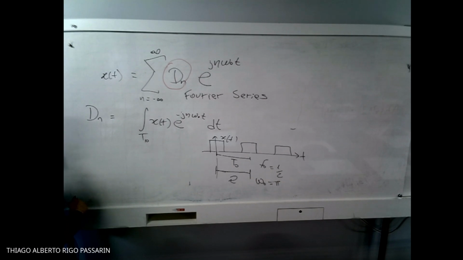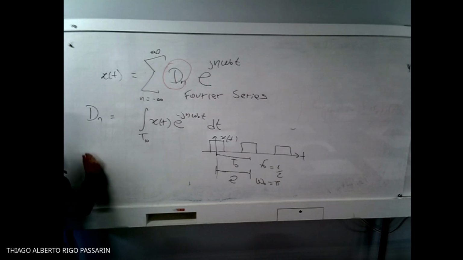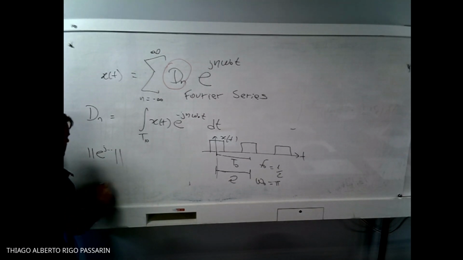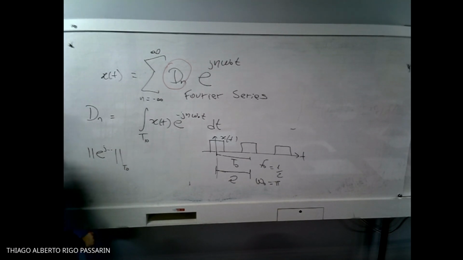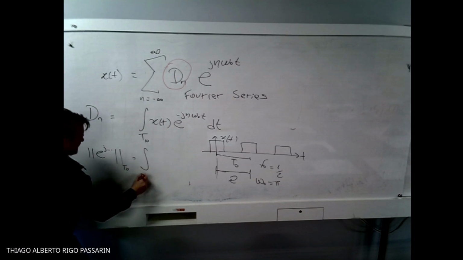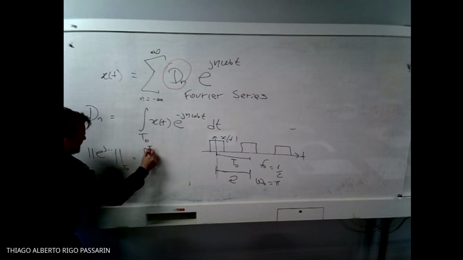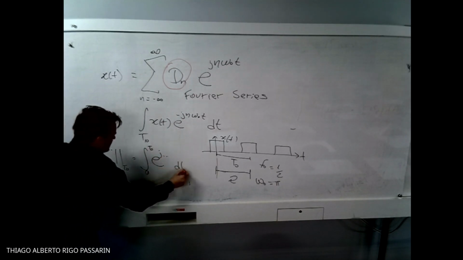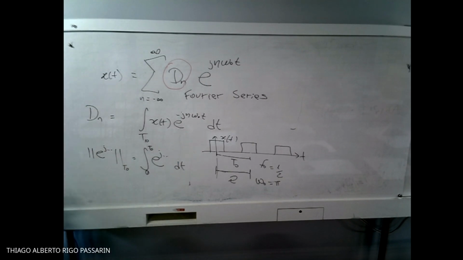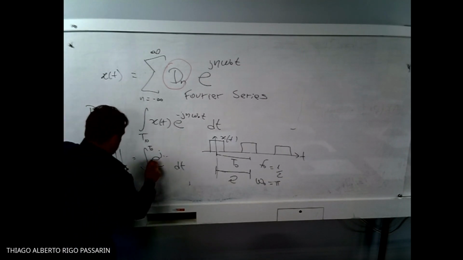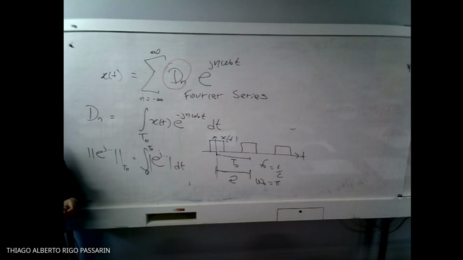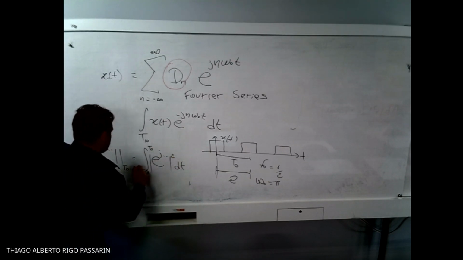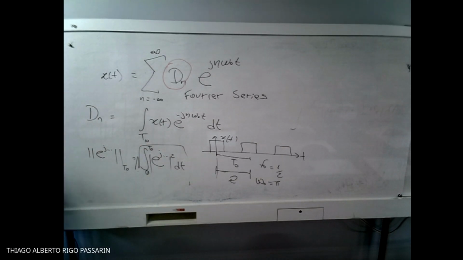The norm of e to the j anything across one period, t0, is the integral from 0 to t0, for instance, of the absolute value of e to the j something, squared, dt, square root. Okay, now this is the norm.